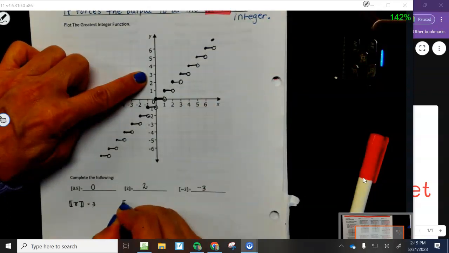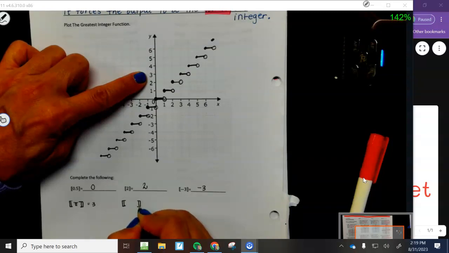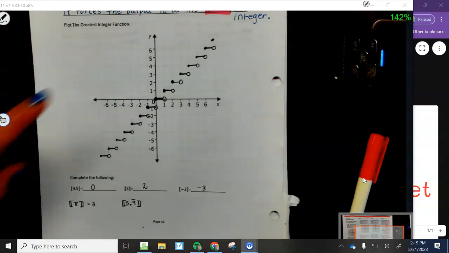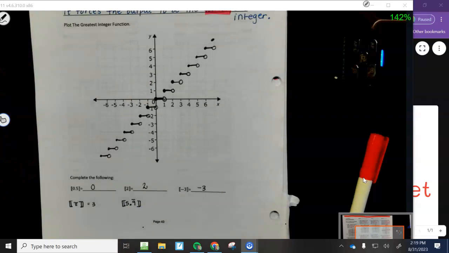Let's get crazy. Let's draw 5.9, and let's put a repeating bar above the 9. Like, it is not going to get any closer to 6 than that. But look at what this step function shows you.